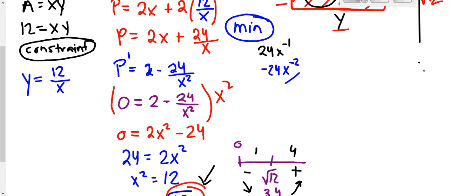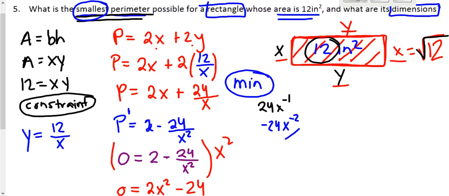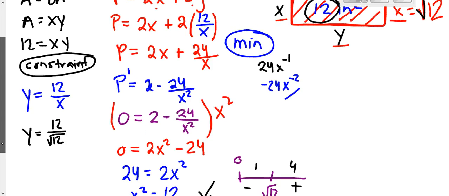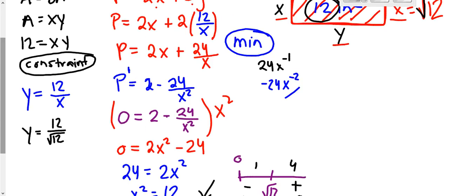So that's why we can go ahead and say x is the square root of 12. From there we can get our perimeter and y. Probably get y first, because to get our perimeter, it'd be easiest to plug into here. So y is 12 over x. That is 12 over the square root of 12. 12 is technically square root of 12 times square root of 12, so y will just be the square root of 12.